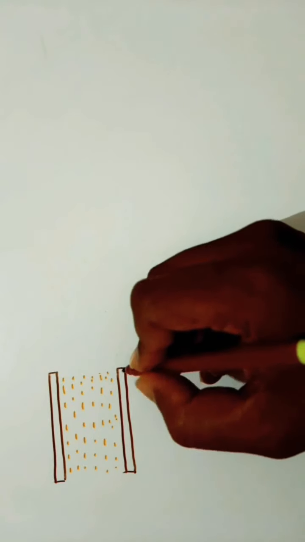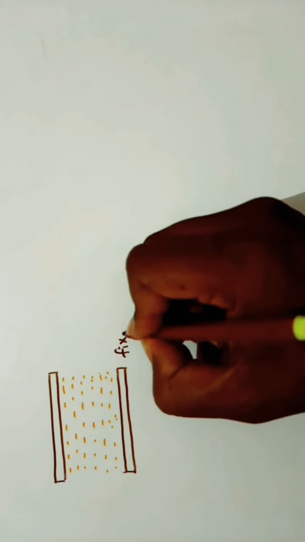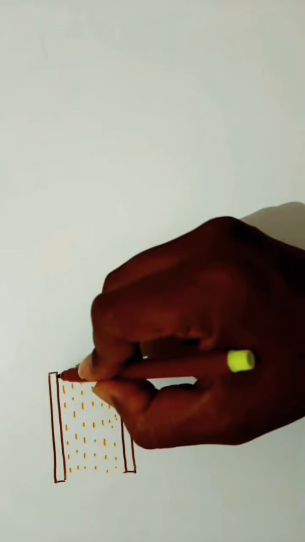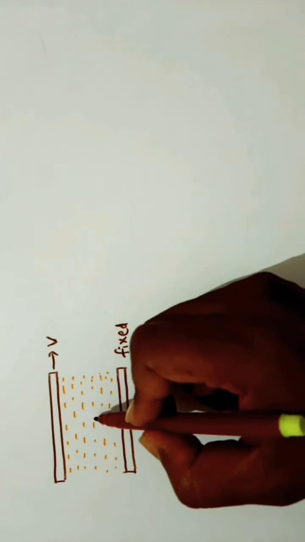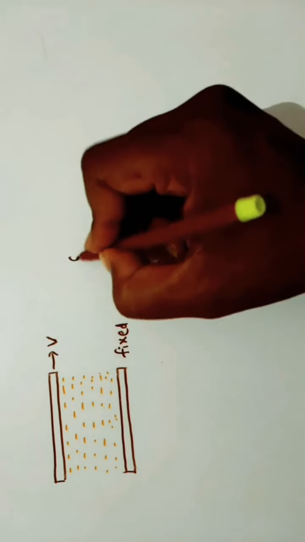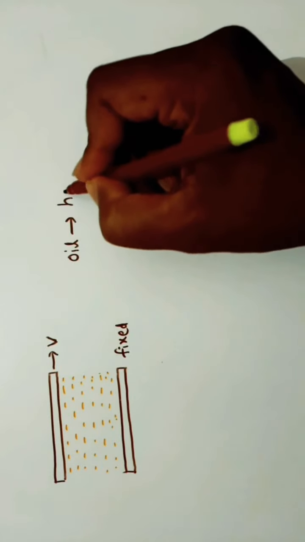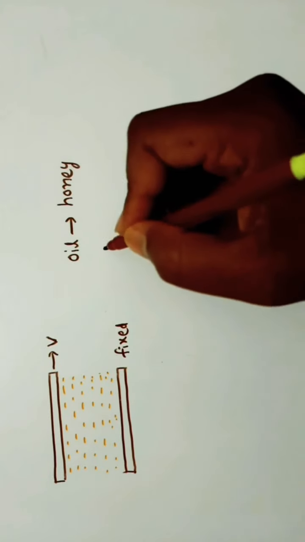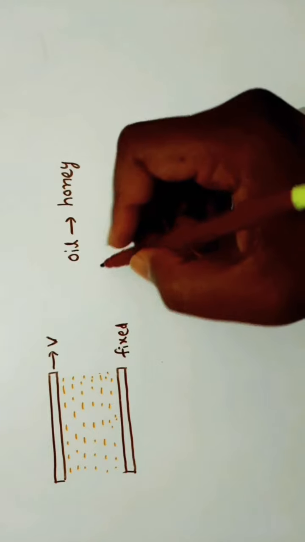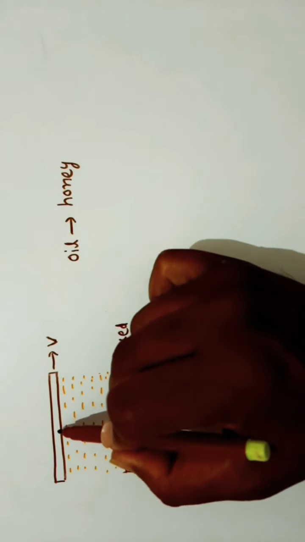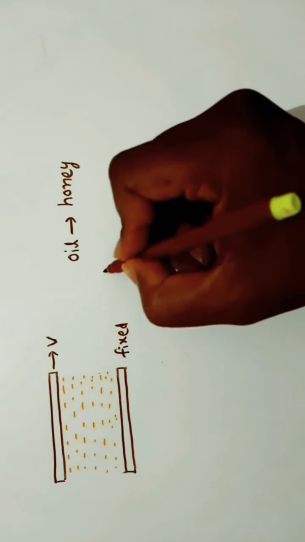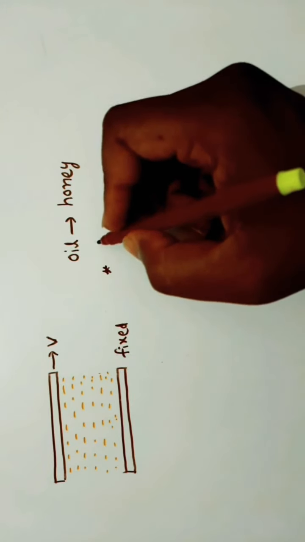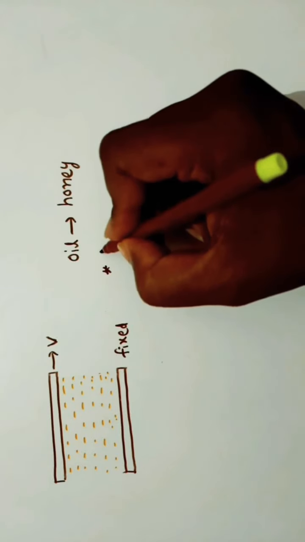Here the bottom glass plate is fixed and the top glass plate is moving with constant velocity V. If we replace oil with honey, a greater force is required to move this glass plate with the same velocity. So here we can say honey is more viscous than oil.